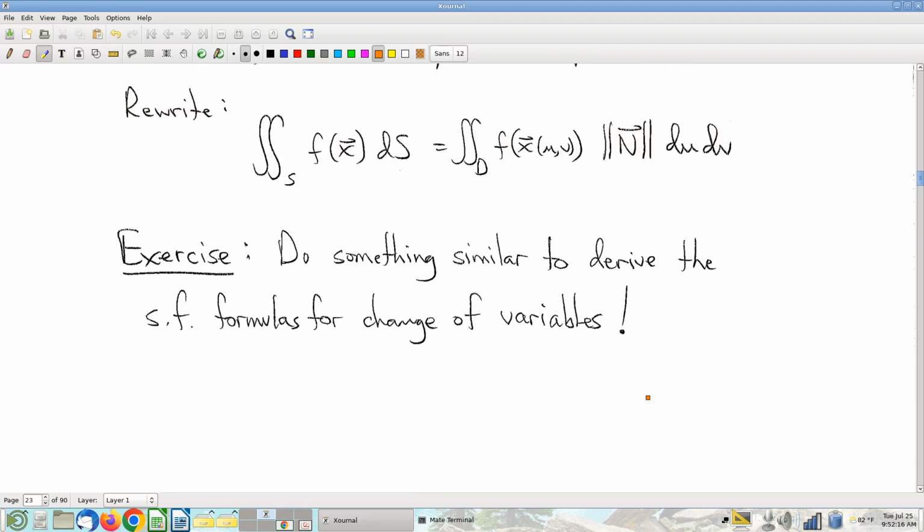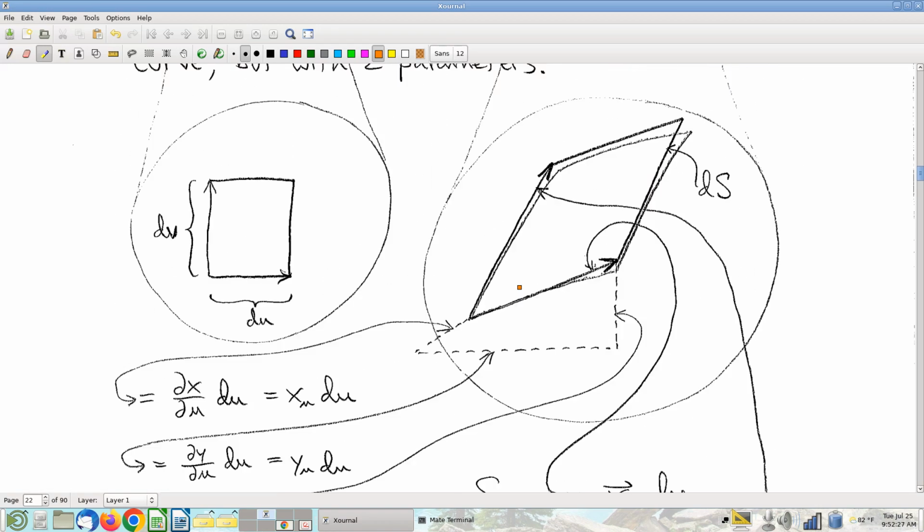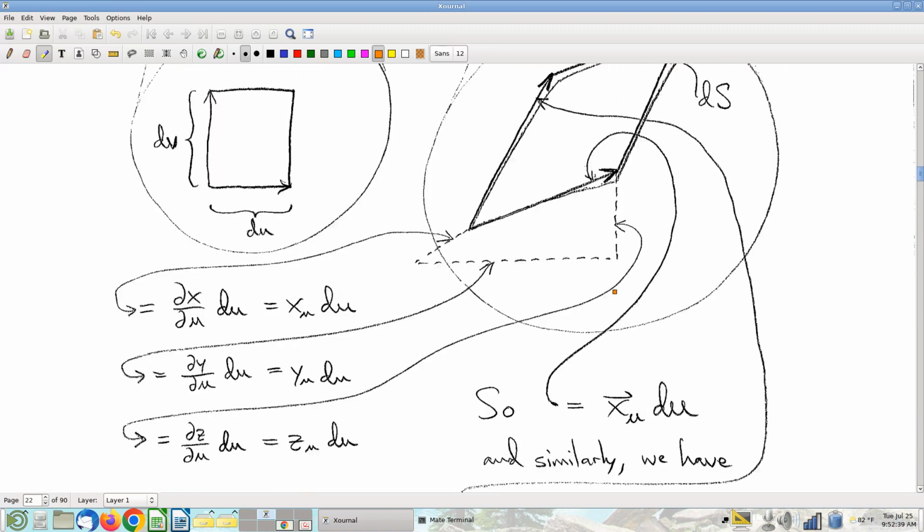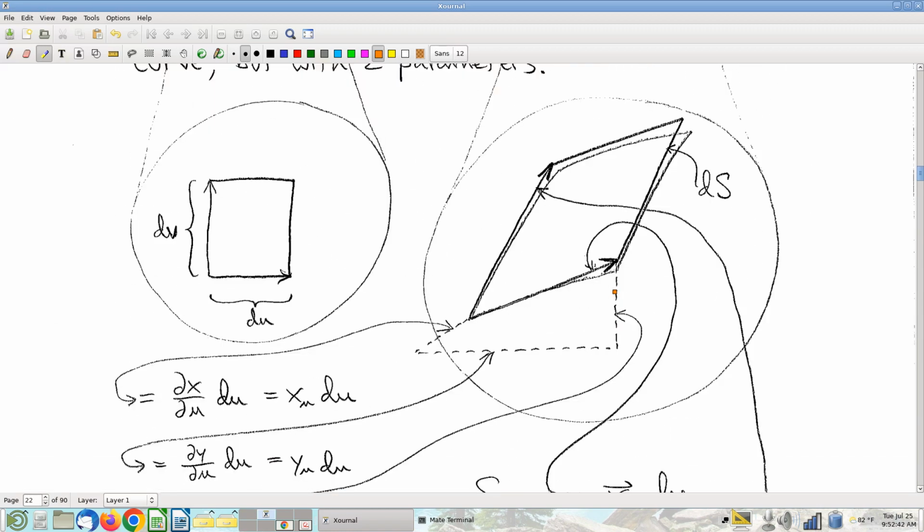Okay, now a real quick aside. I've computed a stretching factor in a situation that was analogous to change of variables, and I'm going to suggest it'd be a nice little bit of mathematical weightlifting. If you want to know how well you really understand what I did here, do an analogous argument and derive the stretching factor for change of variables. And just to get you started, let me point out the very strong similarities here.